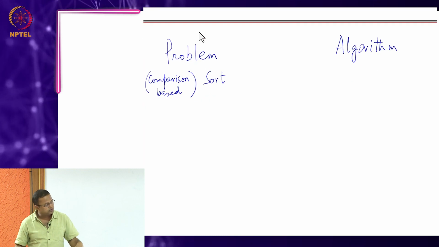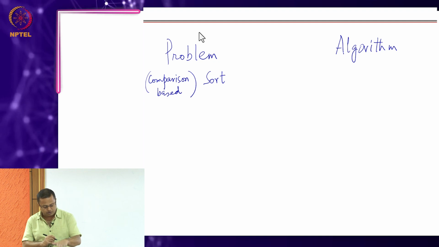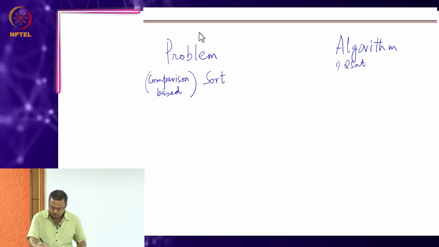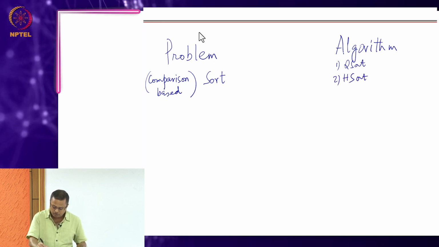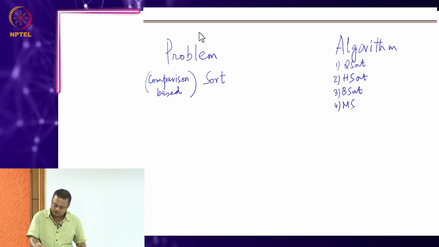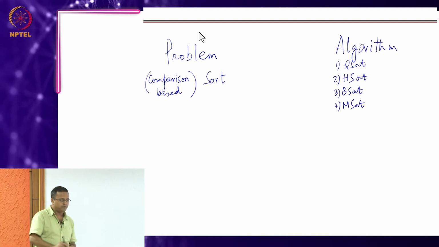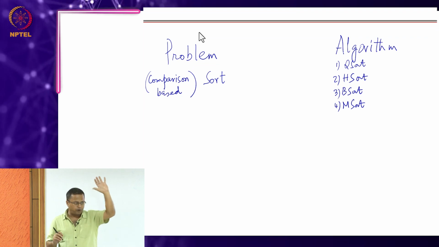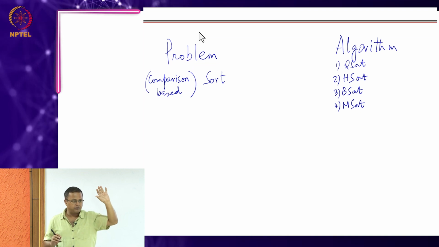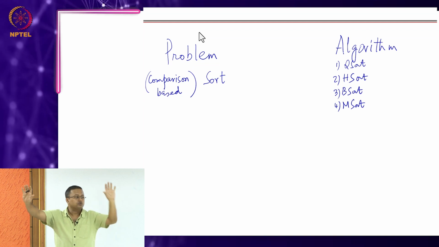So, the way these lower bounds are proved is as follows. You have this comparison based sort. So, you have algorithms for it, say maybe quick sort, heap sort, my favorite bubble sort, merge sort, and so on and so forth. These are algorithms to solve a problem. So, now you have a well posed, well defined problem, and a machine model on which you solve this problem.